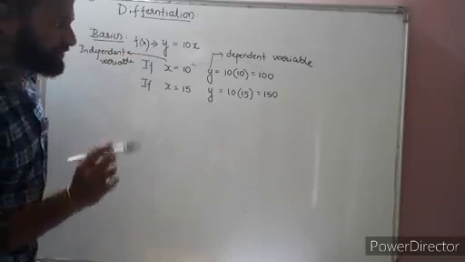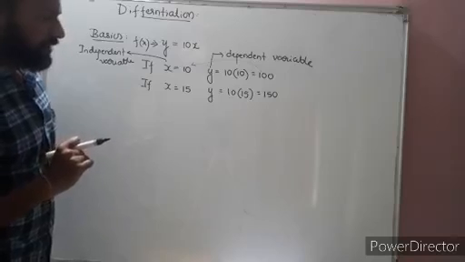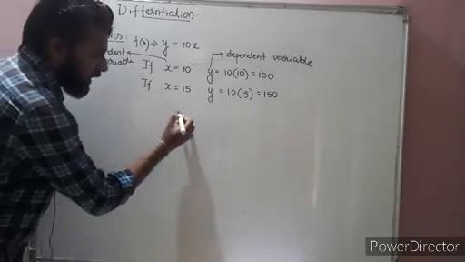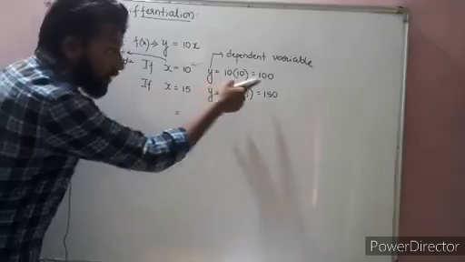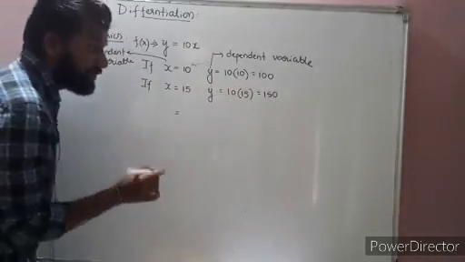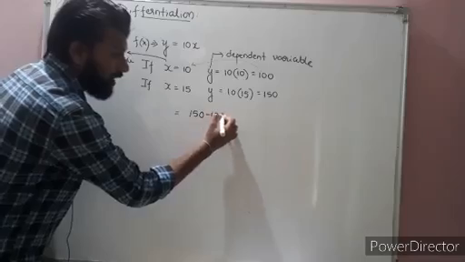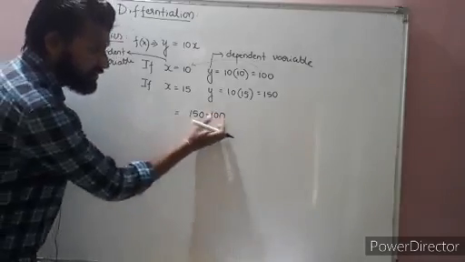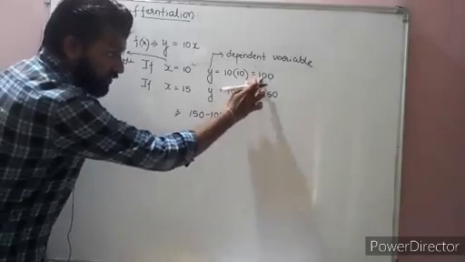Now let's understand what actually derivative means. You can see I have changed x from 10 to 15, and hence y has changed from 100 to 150. Generally, derivative means change in y divided by change in x. It was 100 before, then it became 150.